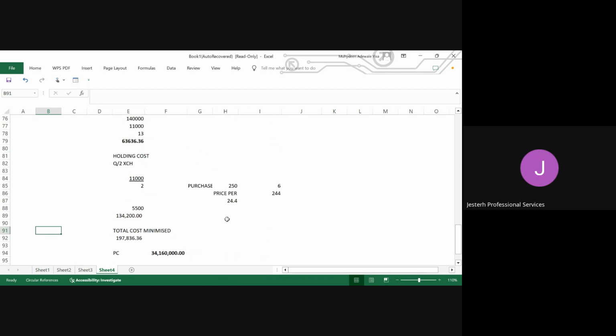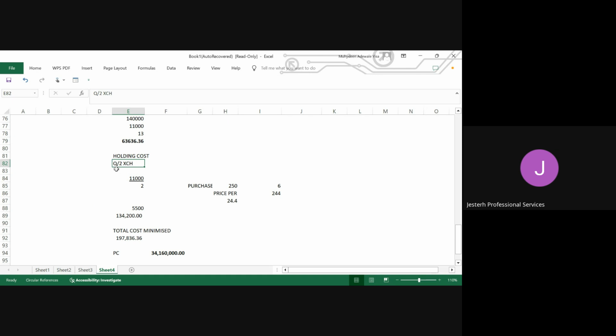Okay. Now, if you remember the formula that we are using, we say Q divided by 2 multiplied by the CH. Our Q stands for the total unit that we are placing per order. We are going to divide it by 2 just to determine the average of it. Then multiply by the CH.